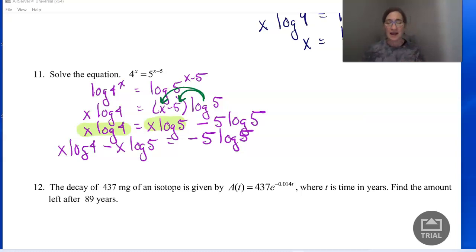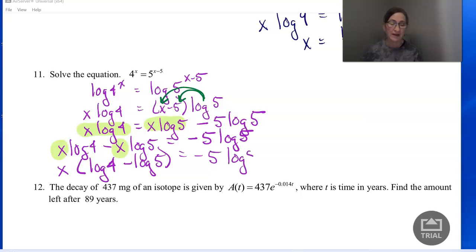So now I have an x as my coefficient for both of those logs. Well, I can take a greatest common factor out. My greatest common factor is x from both of those terms. So I take out an x, and then I'm left with log 4 minus log 5 equals negative 5 log 5.